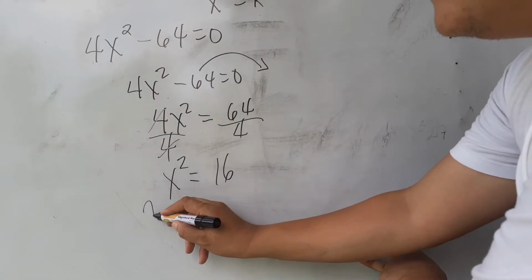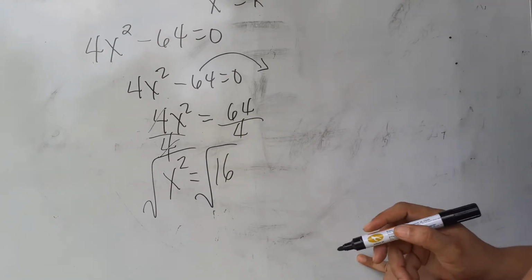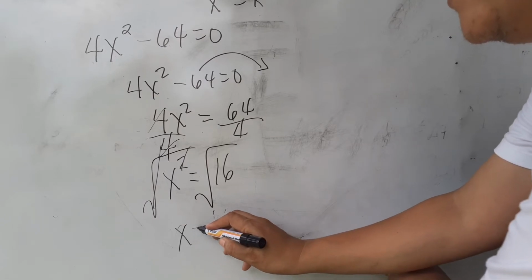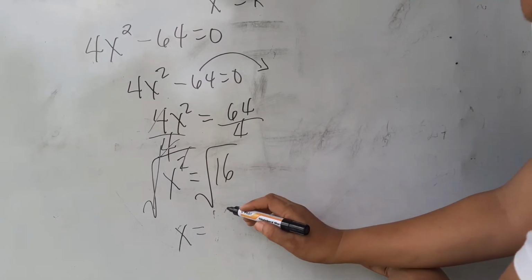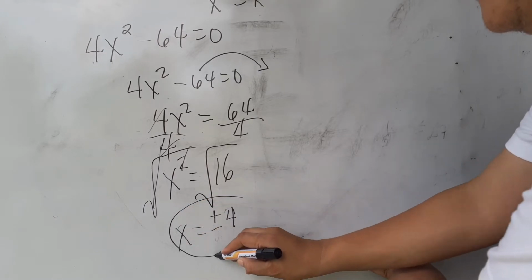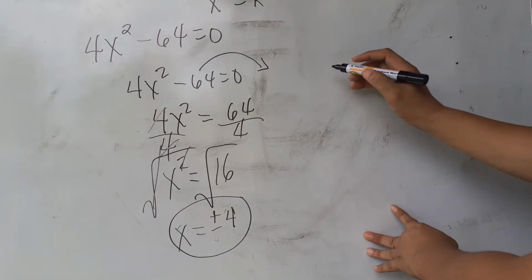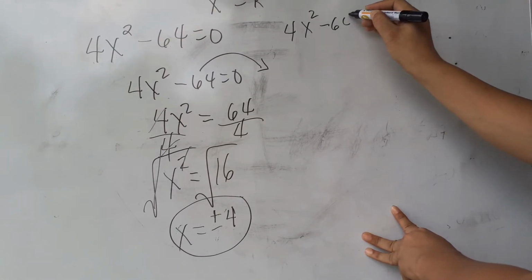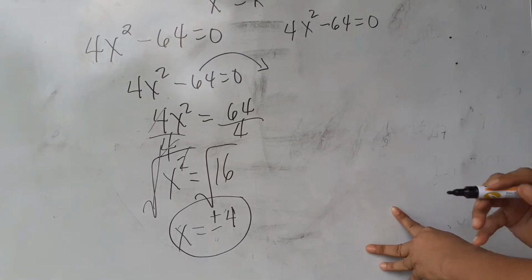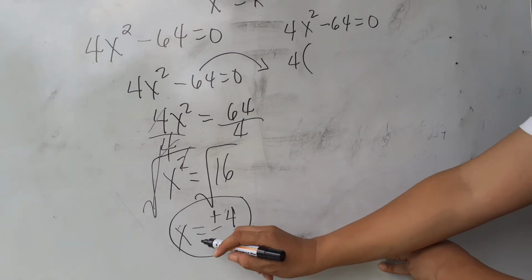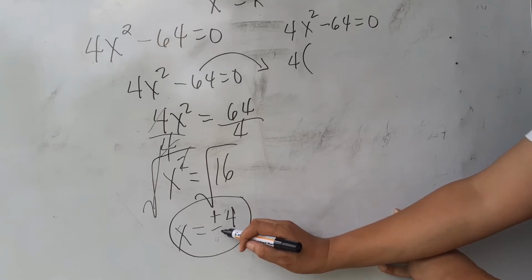Then, pwede na po natin kunin yung square root niya. So, cancel natin yung 2. Radical sign natin dito ay x. It is equal to, the square root of 16 is positive, negative 4. So, check po natin. So, we have 4x squared minus 64 is equal to 0. So, we have 4. Substitute natin yung value ni x. Ang value ni x ay isang positive 4 at isang negative 4.